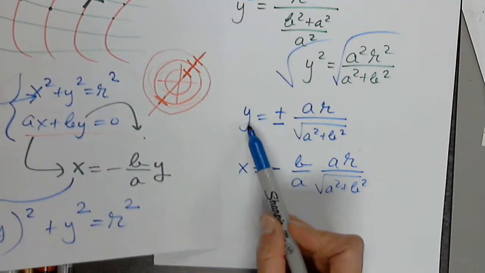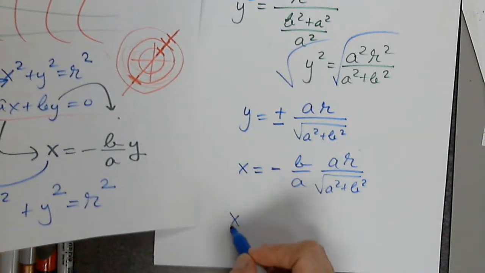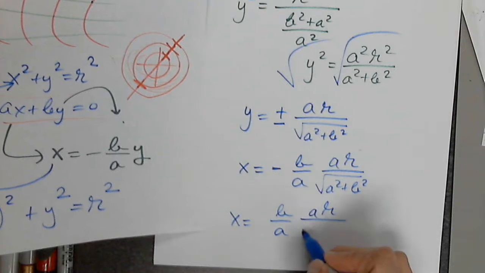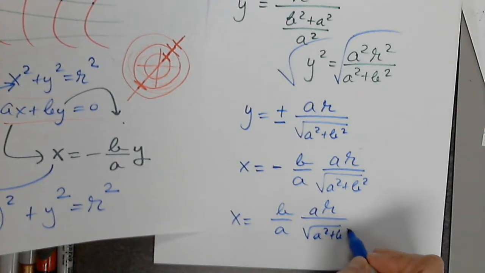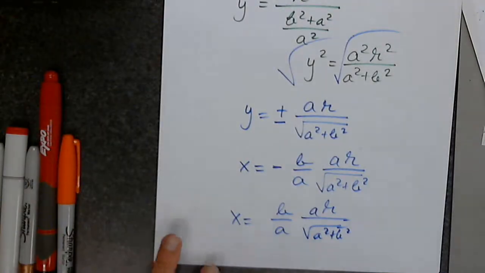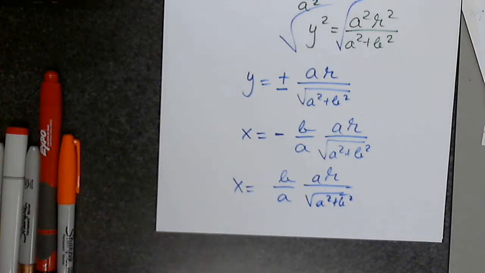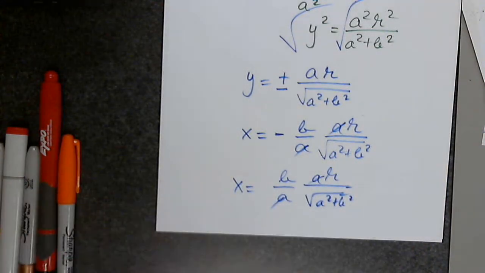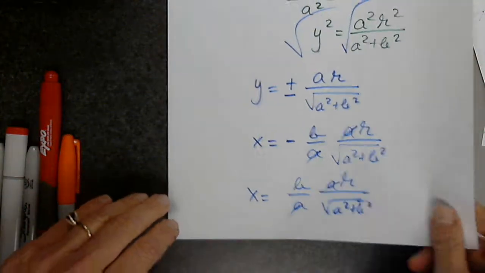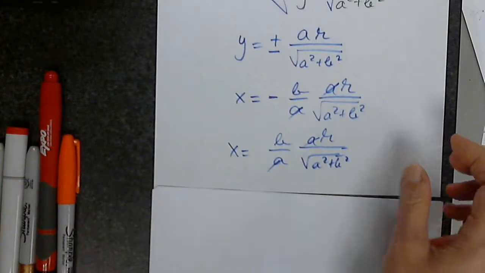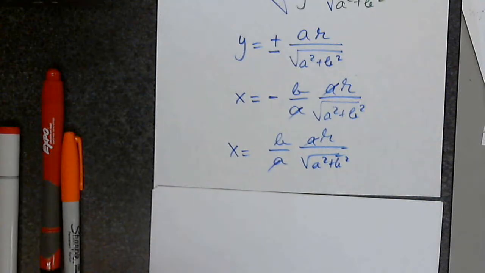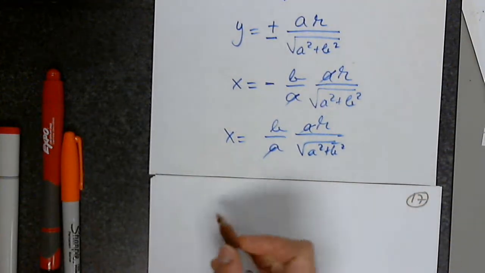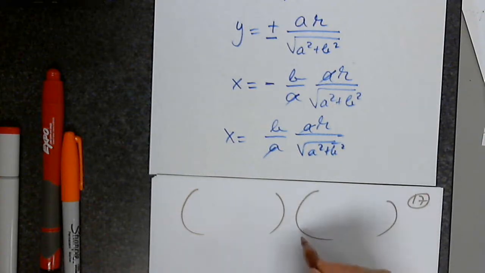And when y is negative, then I have b over a times ar over the square root. So now I have 2 points. Of course, I'm going to simplify. So I have 2 points. And you can say infinitely. Yes, but 2 different ones. Yes, I agree. But infinitely many. So can anyone give us those 2 points?